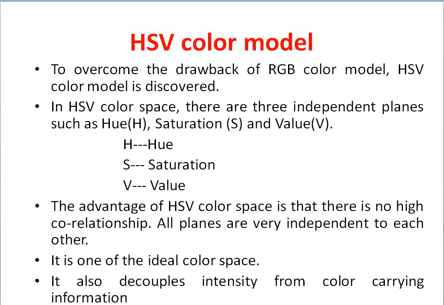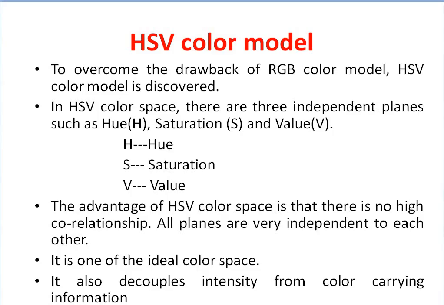object. One advantage of the HSV color model is that it decouples or separates intensity from color carrying information, whereas this is not possible in the RGB color model. The main advantage of the HSV color model is that there is no high correlation.